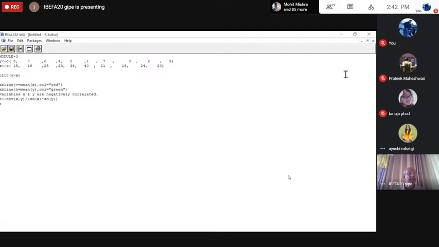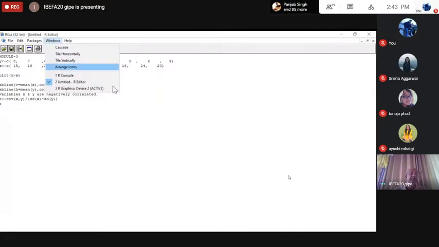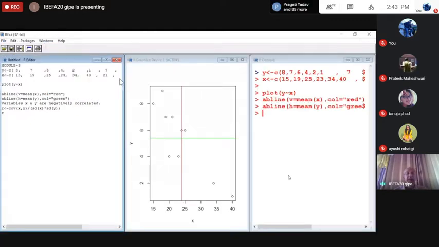Yes, yes. So R is covariance upon the product of standard deviations. So when we say R, it is the correlation coefficient.